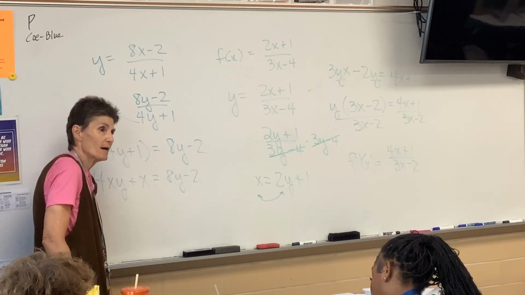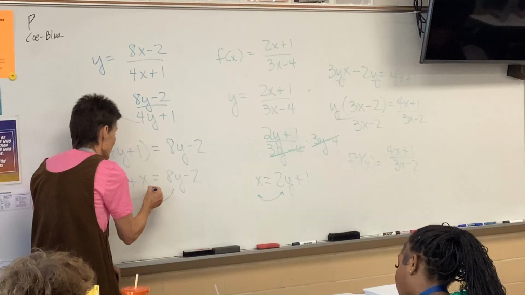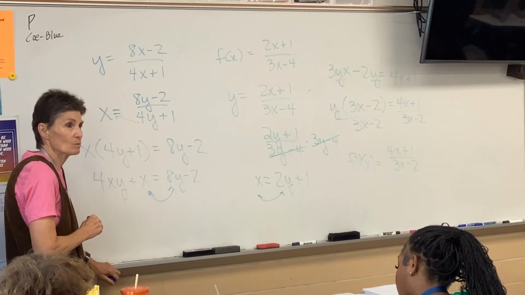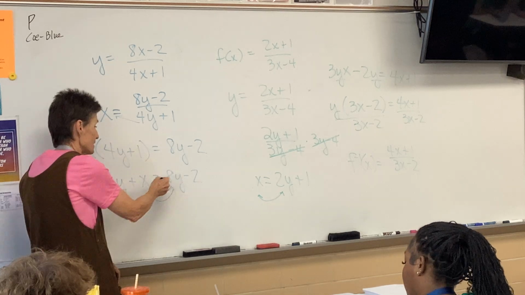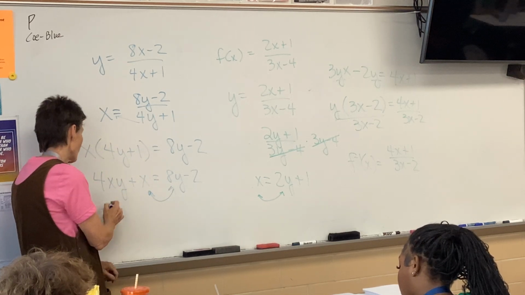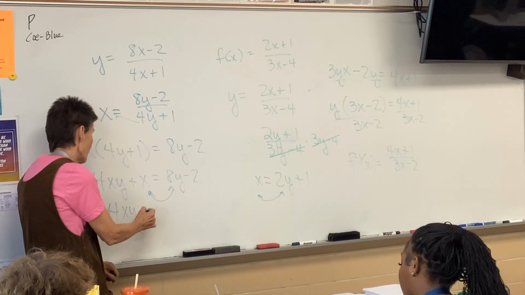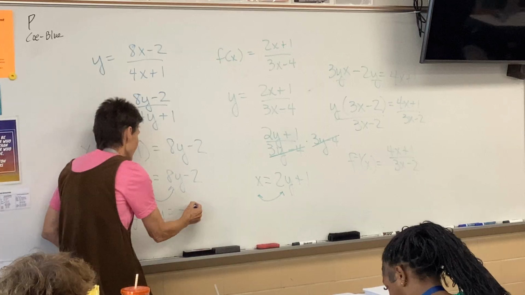What do we need to do now? Subtract the 8 over. We need to switch these guys. Those guys need to switch. It's always gonna be these two that need to switch. So 4xy minus 8y equals negative x minus 2.